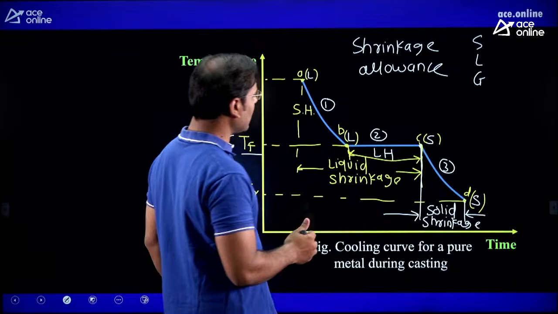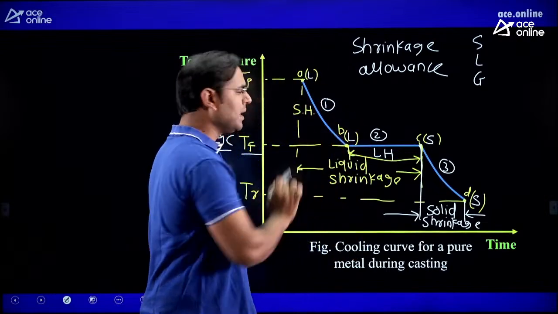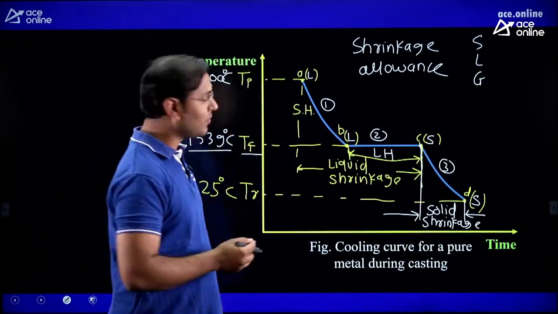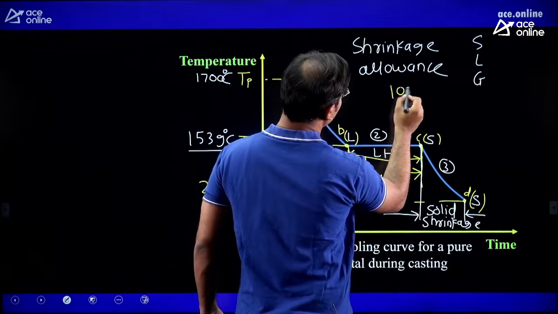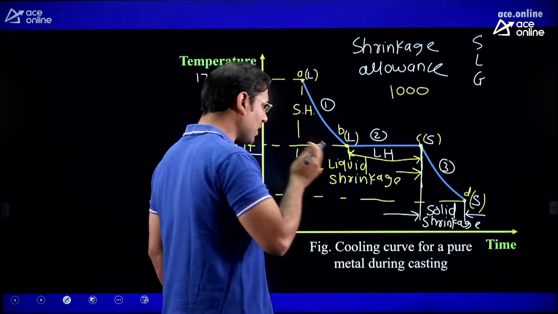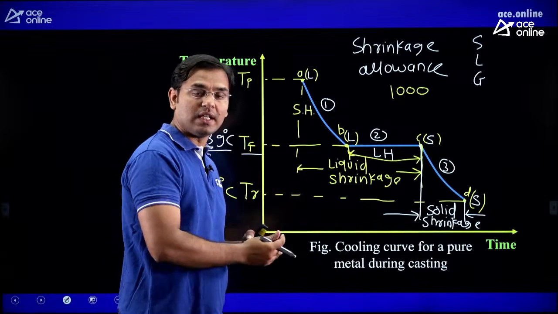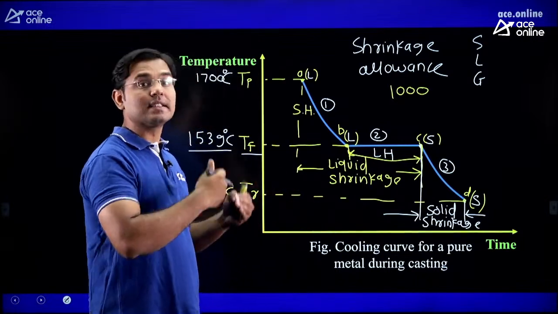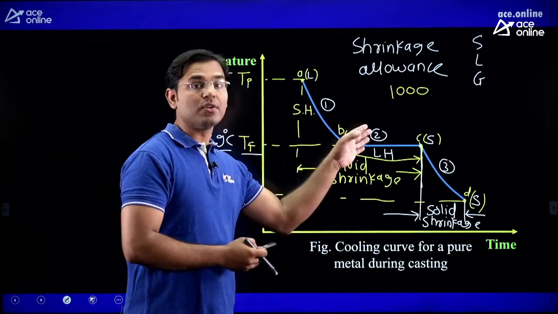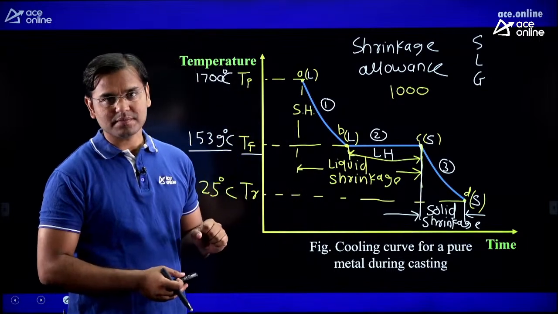Just consider one example. At point B there are 1000 drops of liquid metal. Then what is happening from B to C? How is the liquid metal converted into solid from B to C? This is the question.